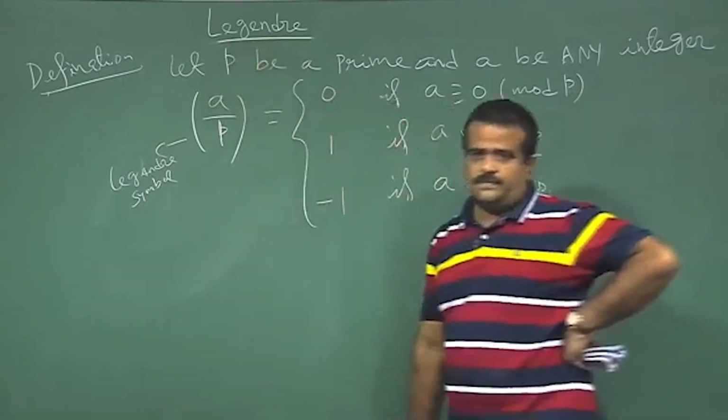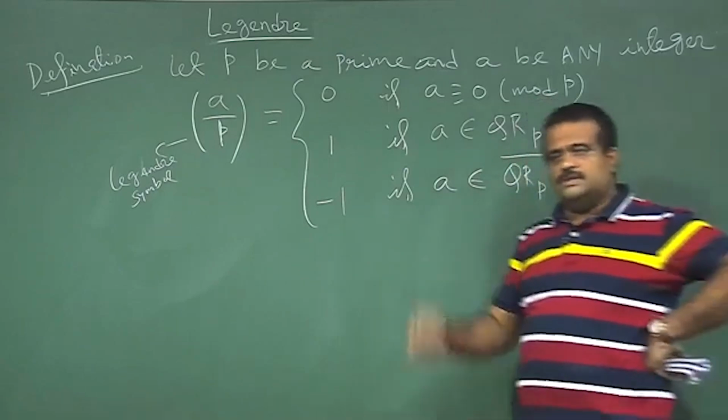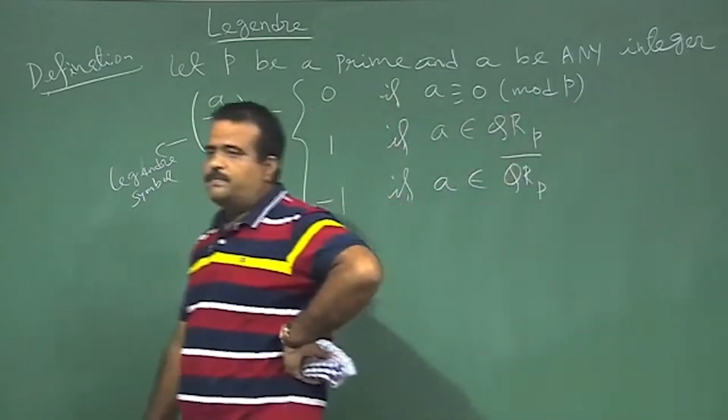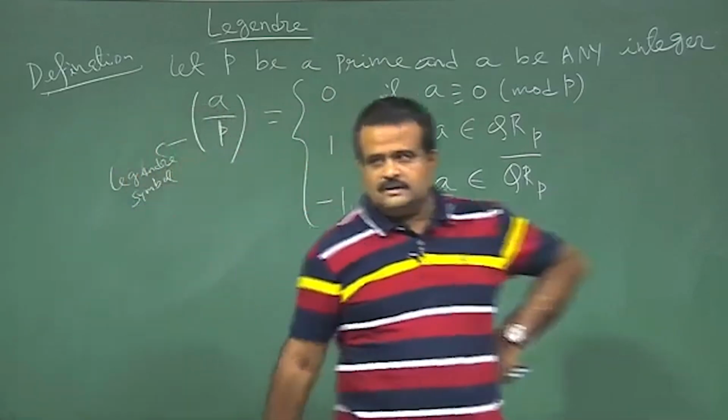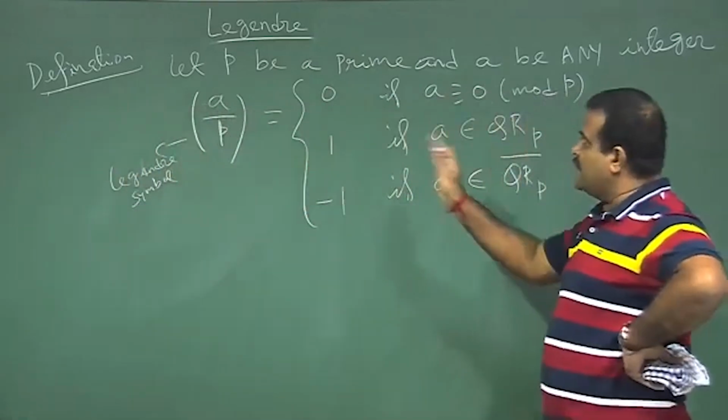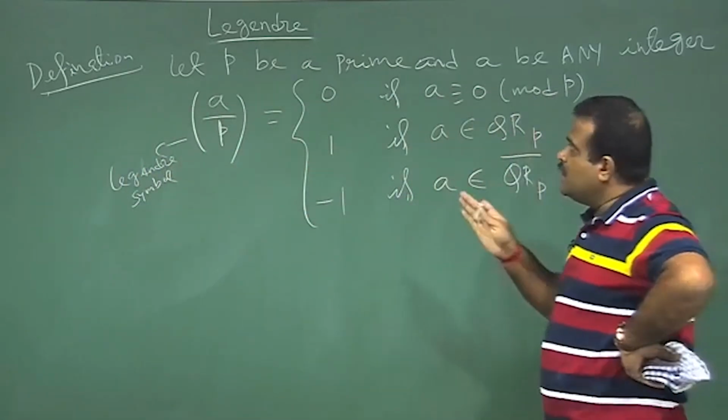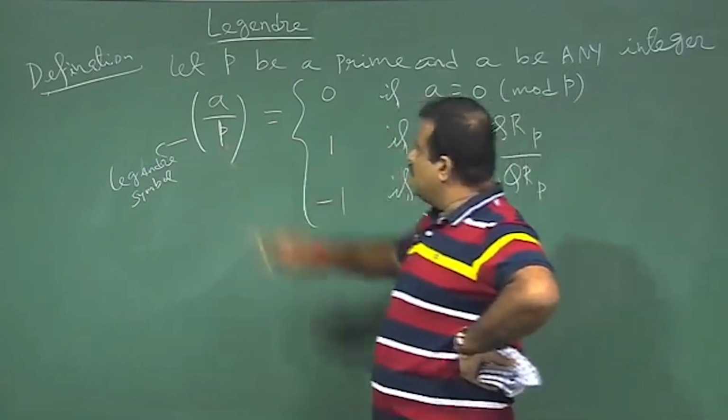Jacobi, which we will see later, is the general form where p need not be a prime; p could be any integer. For the time being we are talking about the Legendre symbol, so p must be a prime.